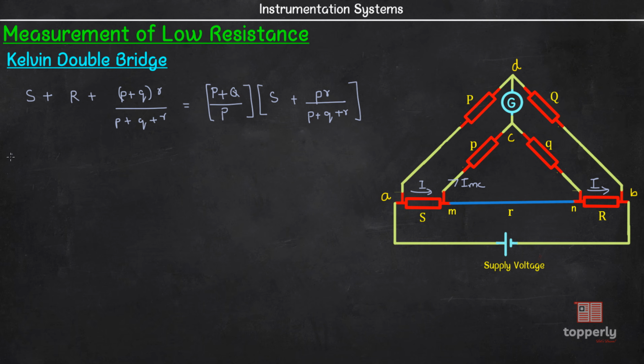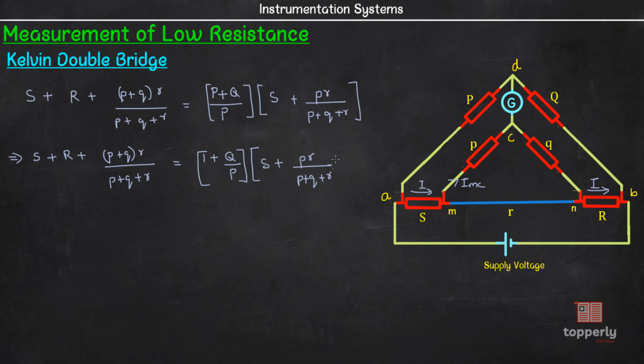And this becomes S plus r plus small p plus small q into r by small p plus small q plus small r equal to 1 plus q by p into S plus small p into small r by small p plus small q plus small r.